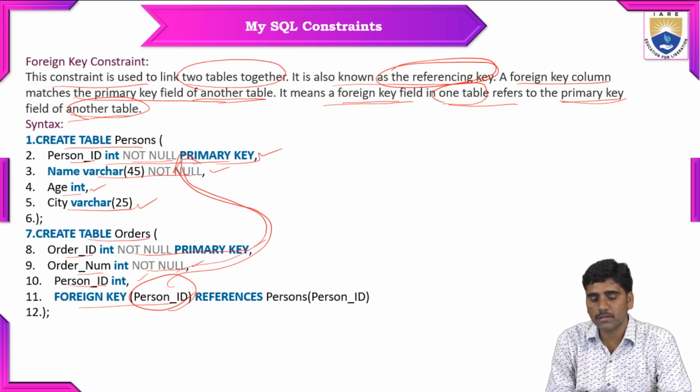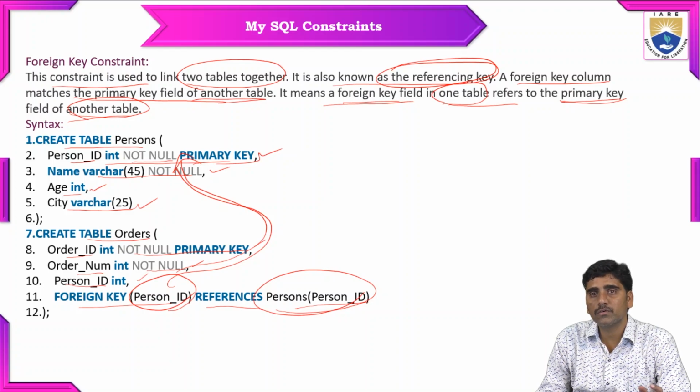In the first table person ID is the primary key, and it references the persons table's person ID. So this is the way of referencing a column from one table to another table.